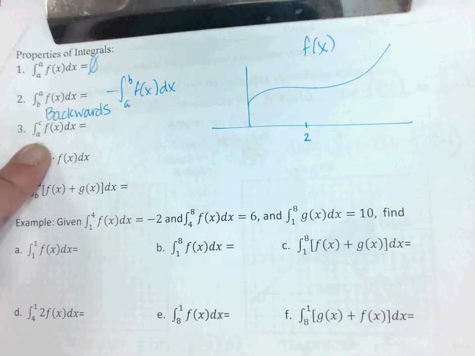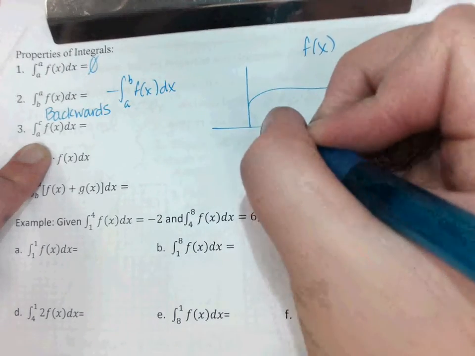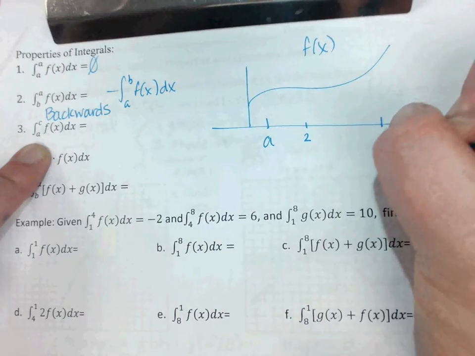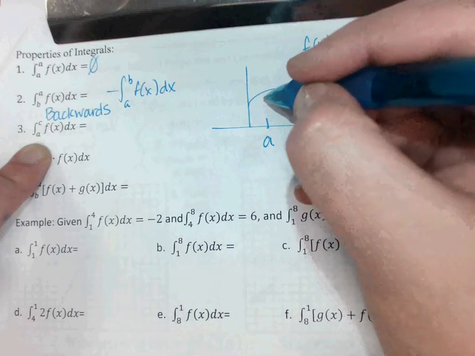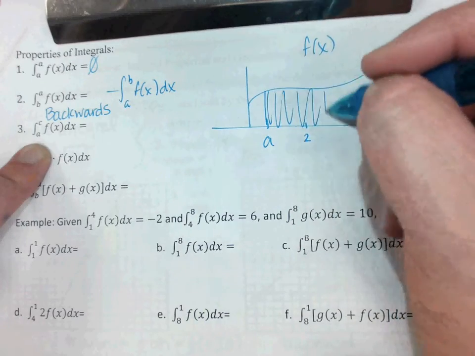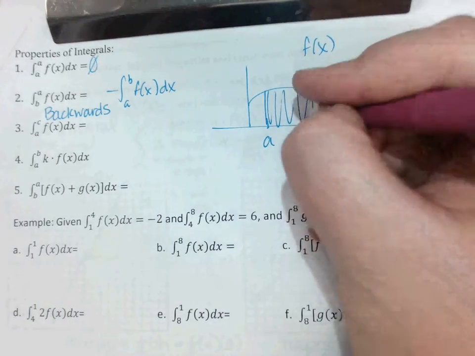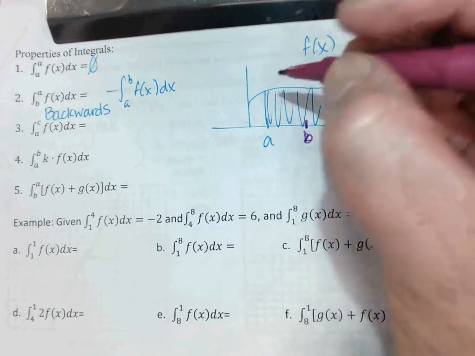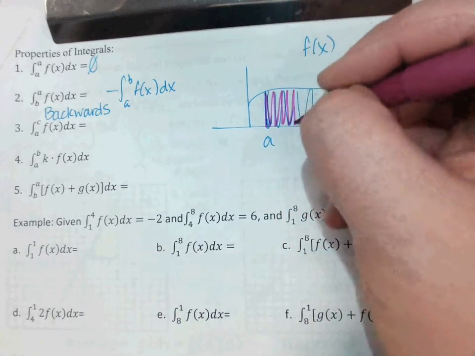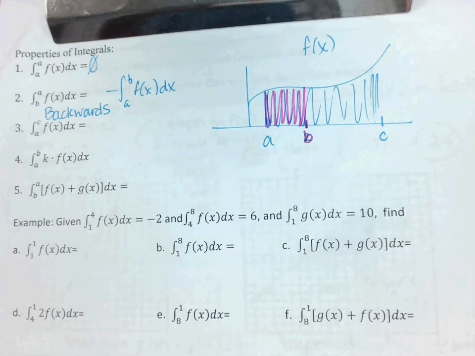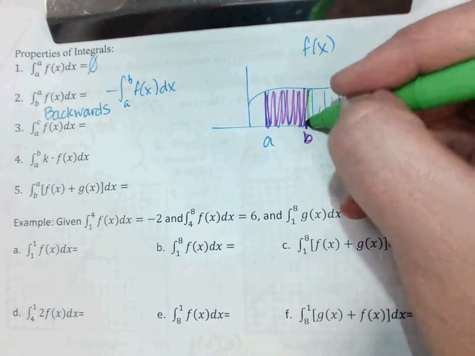Okay, number 3. If you want to integrate, let's say A is here and C is here. If I want to integrate from here to here, could I break up, let's change our 2 to a B. Could I integrate from A to B and then keep integrating from B to C?